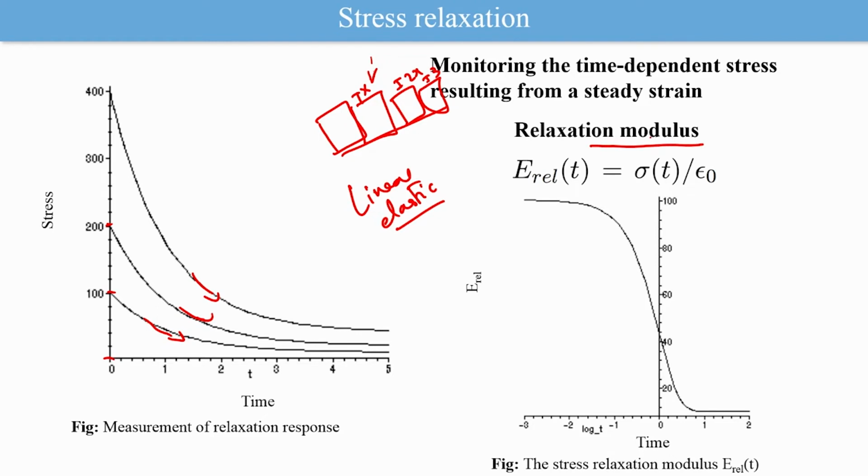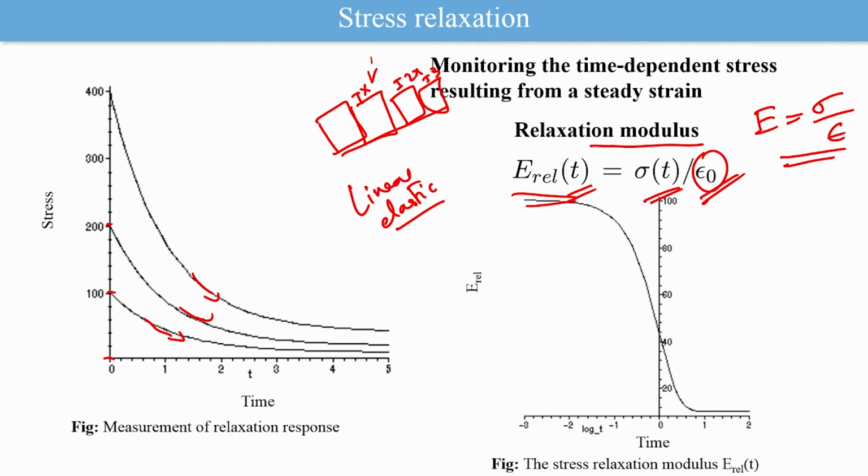Okay, and we have quantified this by using the term relaxation modulus, and you are already familiar with this. The elastic modulus of the material can be given by stress by strain. So, it is the same thing, but just that the variation with respect to time is also important here. The initial strain that you apply is epsilon 0, and the relaxation modulus as a function of time can be plotted.